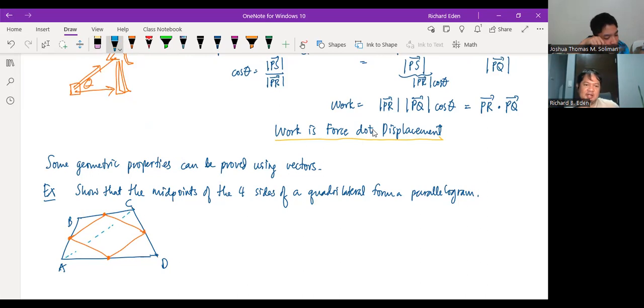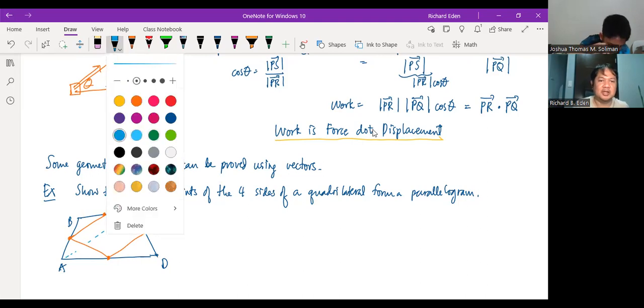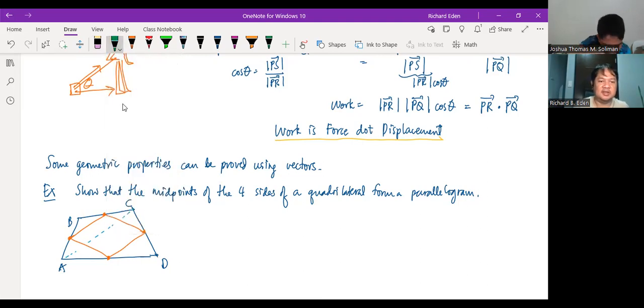If you look at diagonal AC, let's give labels to the midpoints, E, F, G, H. If you look at EF, in the context of triangle ABC, EF is a midline because it connects the midpoints of AB and BC.